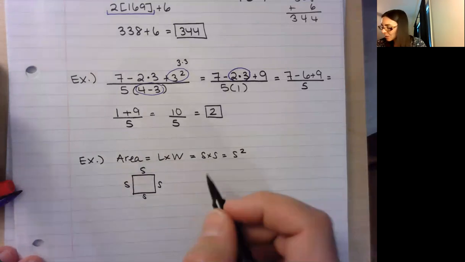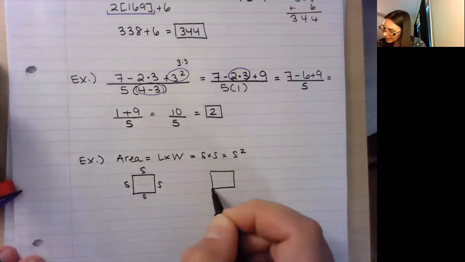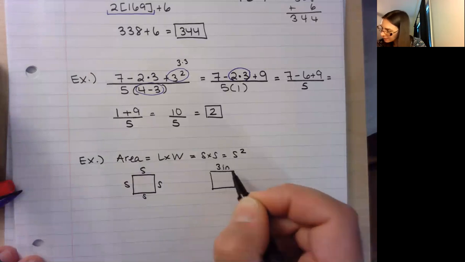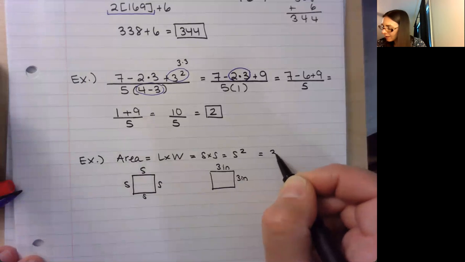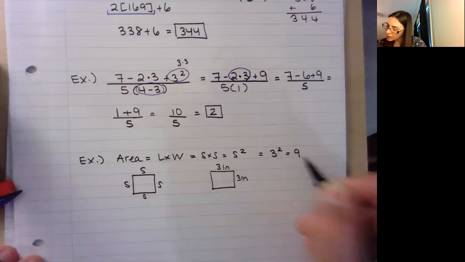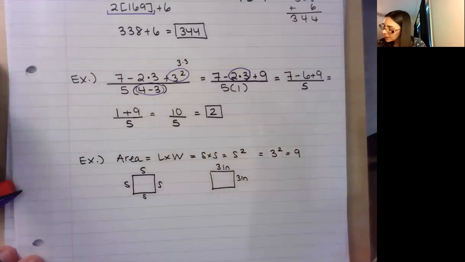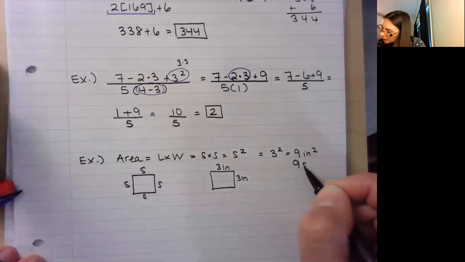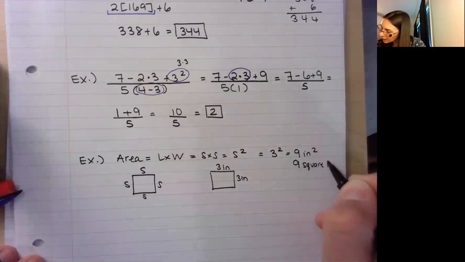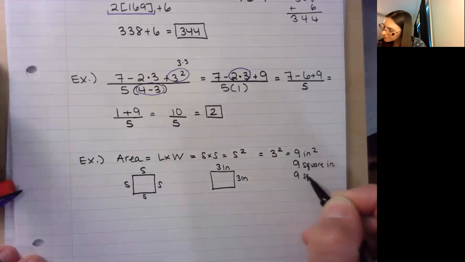So let's say I had a square that had a side of 3 inches all around. Then my area here would be 3 squared, which is 9. And then don't forget you are squaring your units as well. So 9 inches squared, or you can write 9 square inches, or 9 sq in.